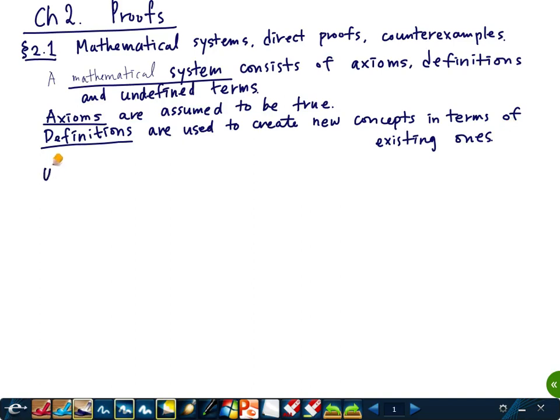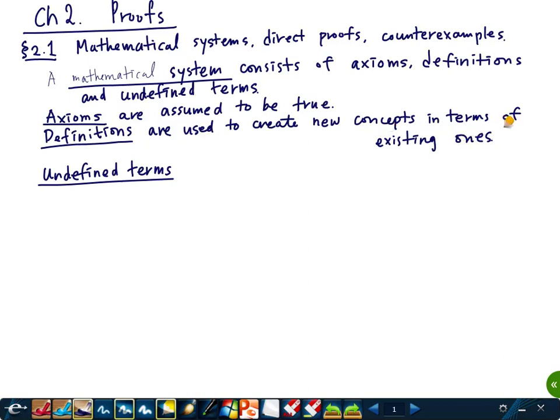What are undefined terms? So we cannot define everything. Because if you define something, you need to define this using existing ones. So then you can ask, what is the definition of this? And if you want to define this, you need to use another existing ones.